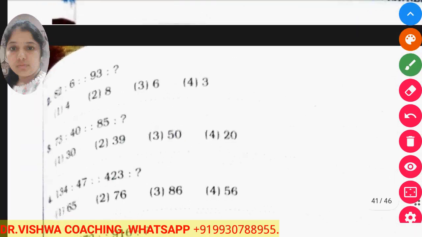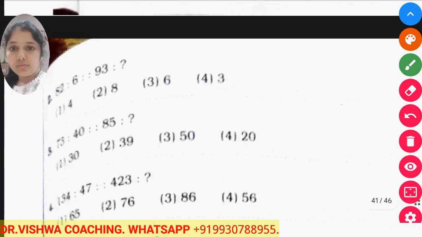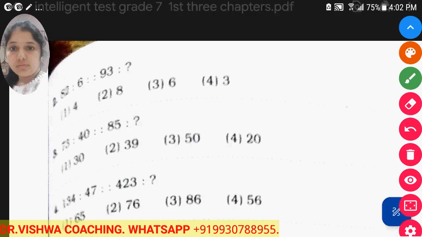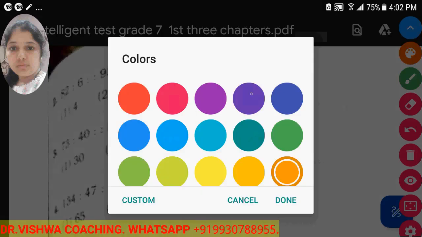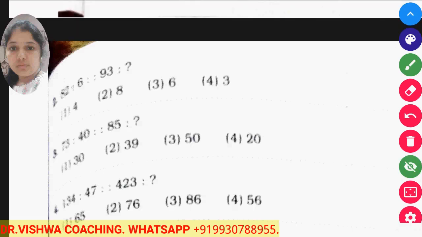Now again in the next sum, 82 and 6 and 93 and something, we have to find the relation between them. It is a very simple sum. There is a subtraction between the digits. If you look, you will easily find out, and this can be done after you solve so many examples, or after you solve repeated examples.